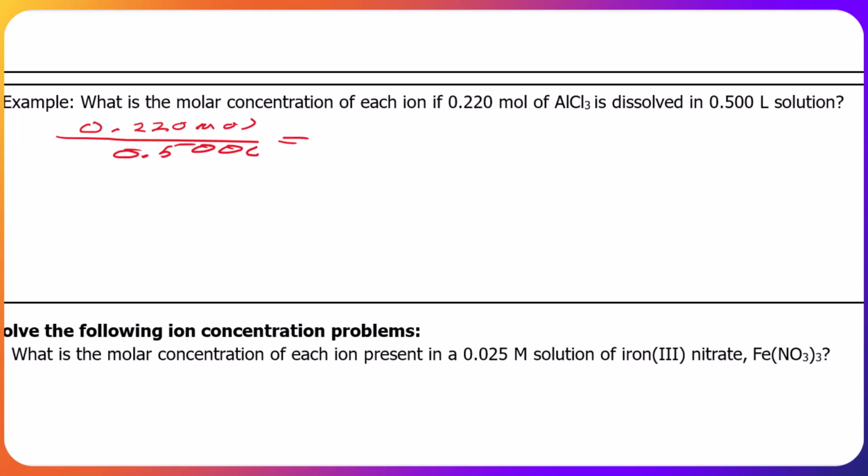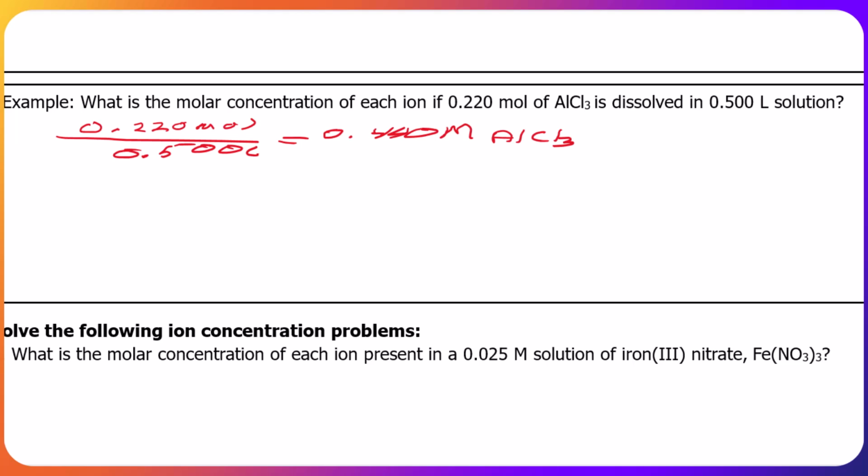So that's just going to give us 0.44. Okay, so we're going to have 0.440 molar concentration, this is moles per liter concentration, of aluminum chloride.